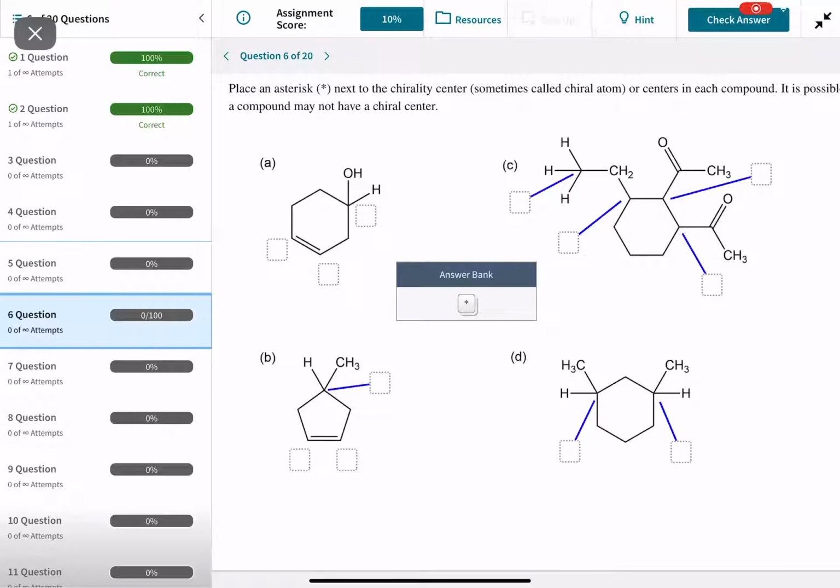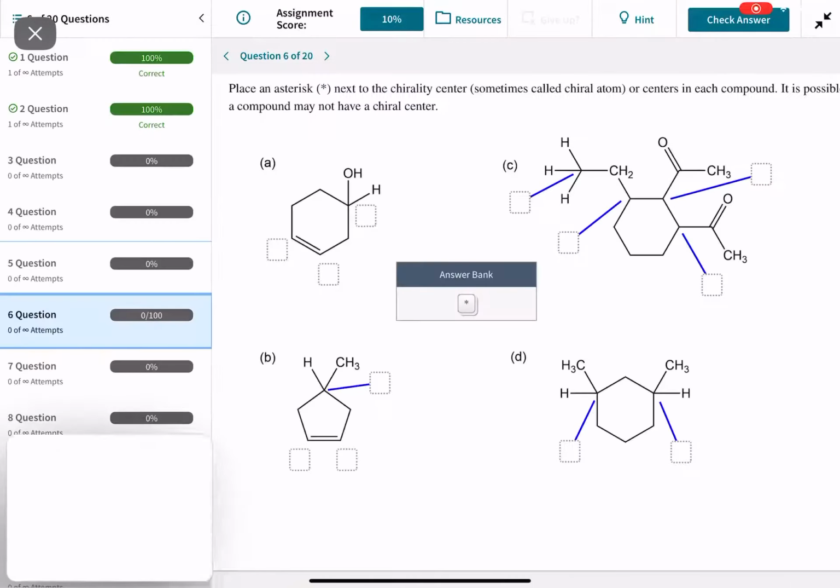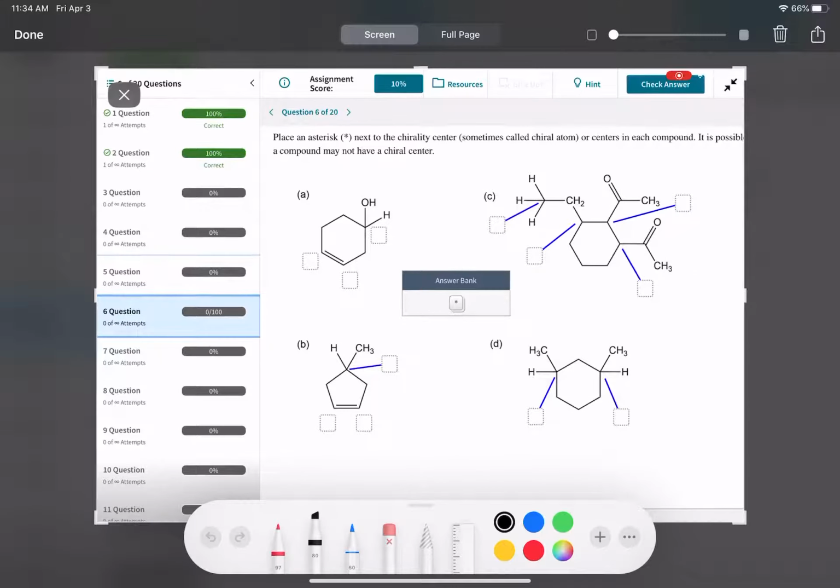And question number 6 is also the same thing, but this one is actually kind of tricky. So I want to go over some of the trickier ones on this particular problem with you. What I really want to start with is, we'll just do all of them because it's not asking us to do every single carbon in every molecule.